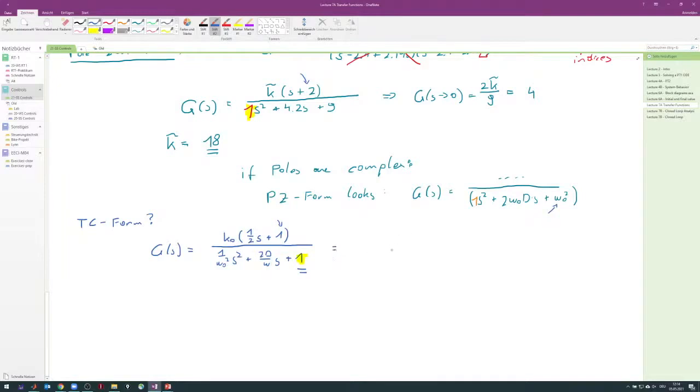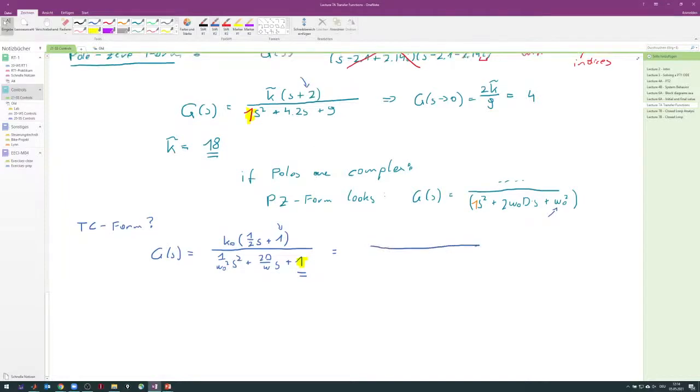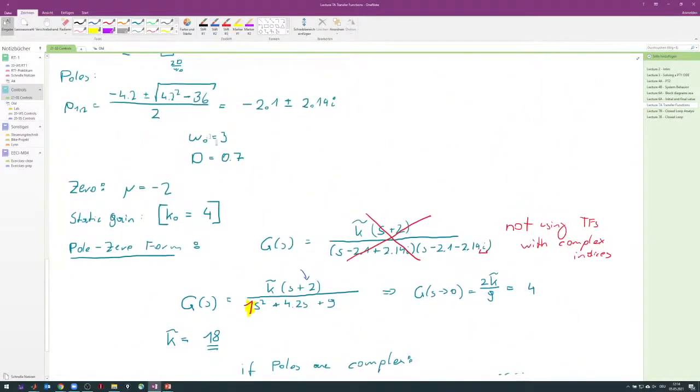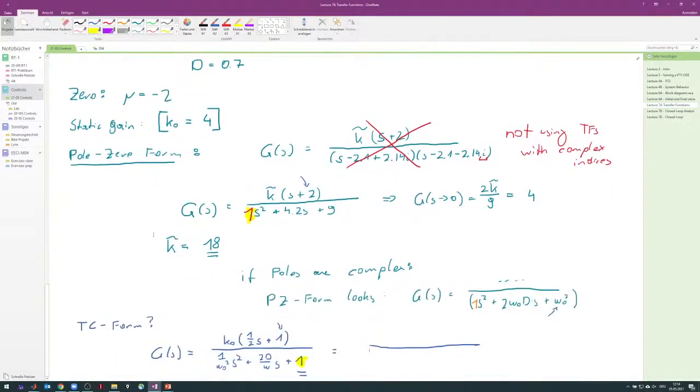So in our case, this would look like the following. And now I'm going to scroll up just to get the numbers. Omega 0 is 3 and the damping is 0.7.